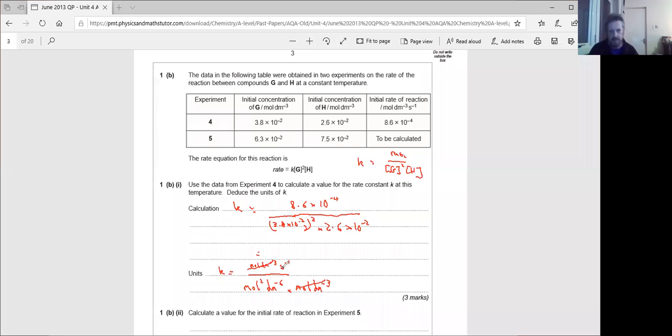Do not cancel the seconds because there's no seconds down here. But we don't want a fraction. We want to get this upstairs, on the top. All you do is change the signs of these things. So what the units end up as being are seconds to the -1, and you change the sign of that, that's moles to the -2, and that'll be +6.